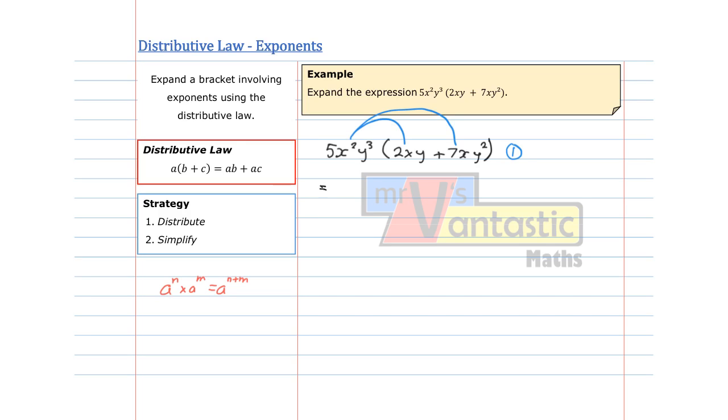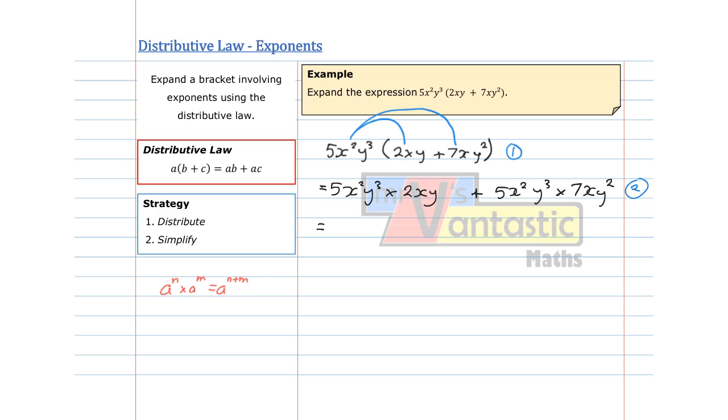And that's going to give us 5x squared y cubed multiplied by 2xy plus, because there's a plus in the bracket, 5x squared y cubed times 7xy squared. And I'm going to need to simplify that.